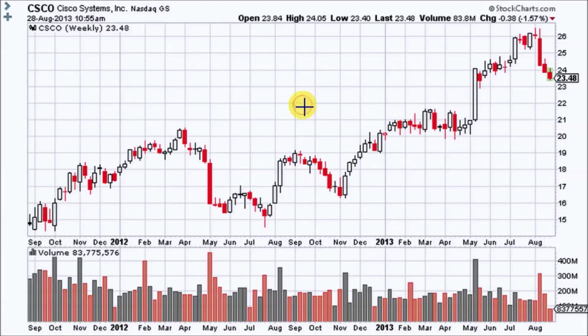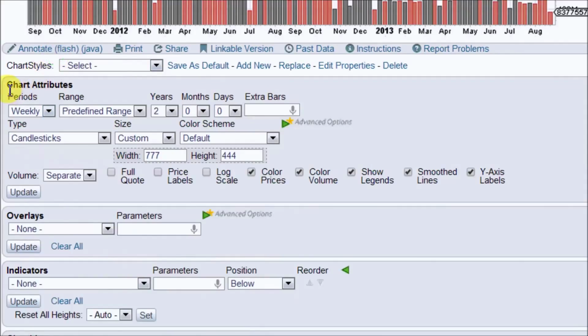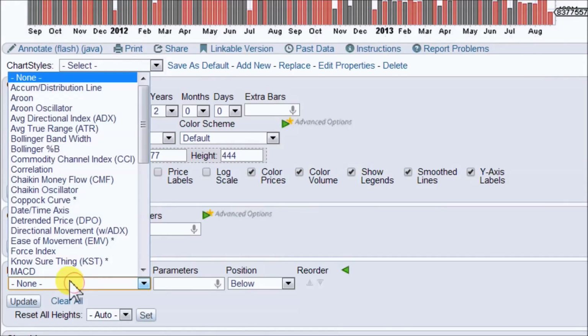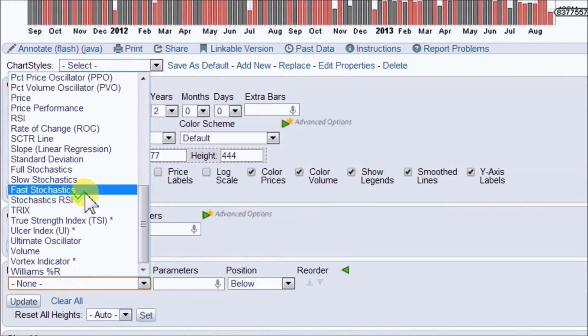So let's go ahead and load up the Ulcer Index on this chart for Cisco Systems Incorporated, ticker CSCO, here at StockCharts.com. Down here in the chart attributes area, click in the indicators box and scroll to the bottom.